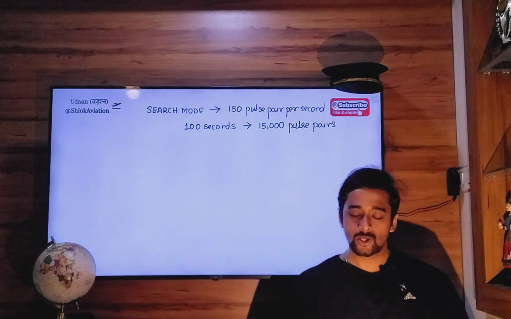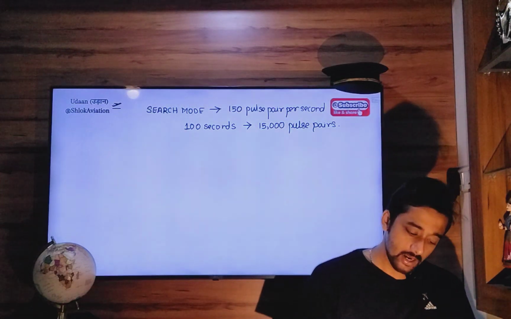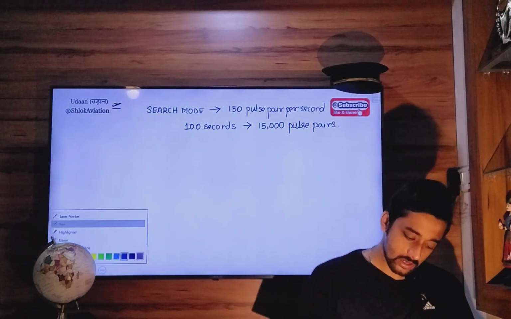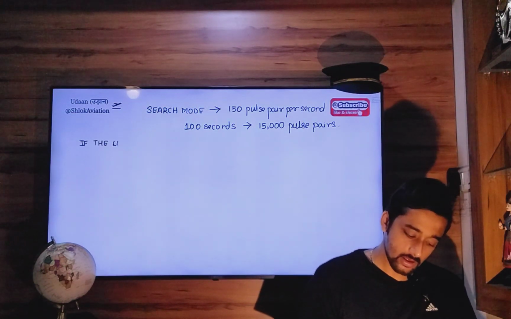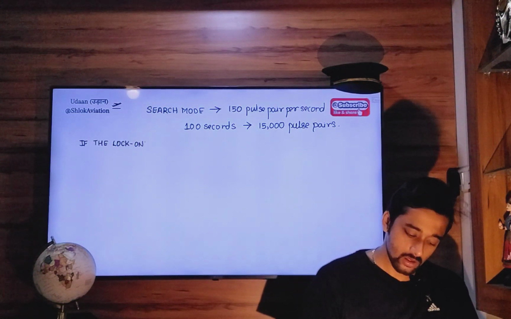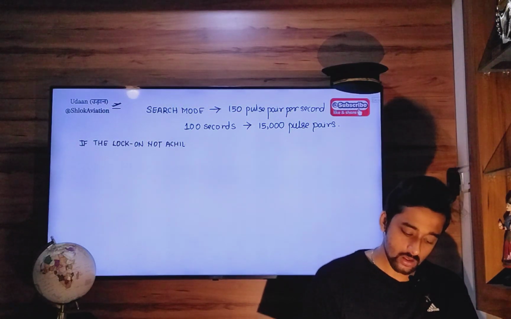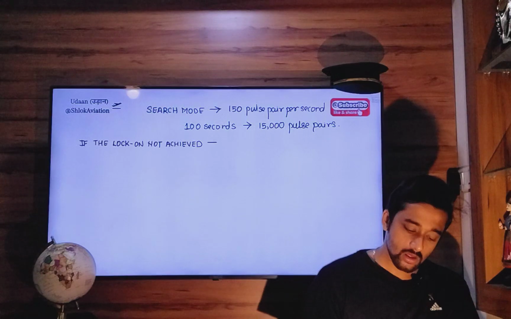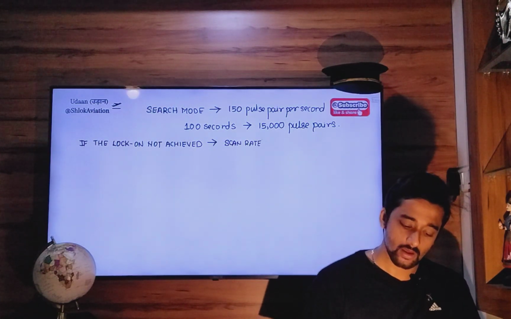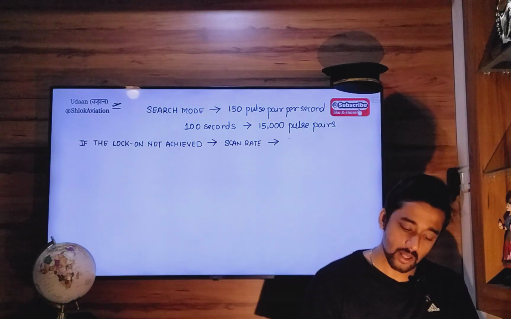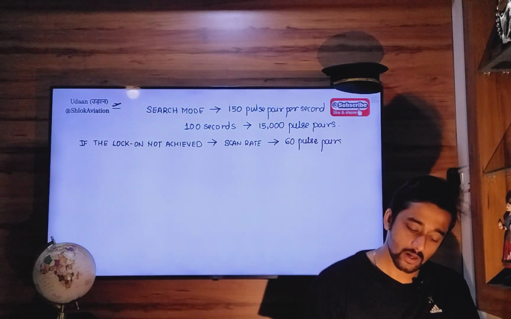Now if this search mode is a failure, okay, it's not a success, in that scenario, if the lock-on is not achieved in this search mode, the search rate gets reduced to 60 pulse pairs per second.